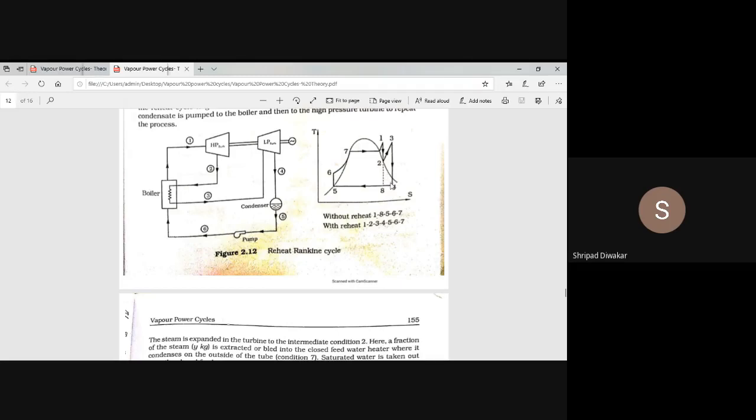Don't show the point 4 exactly on the saturation curve, because the condition of the steam on the saturation curve is dry saturated, but here we have to show it is in the wet state. So 3 to 4 is the isentropic expansion in the LP turbine, and then 4 to 5 is the condensation process at constant temperature.